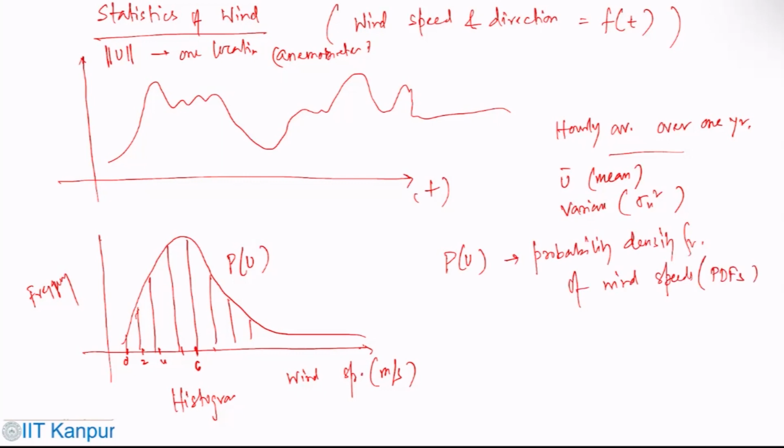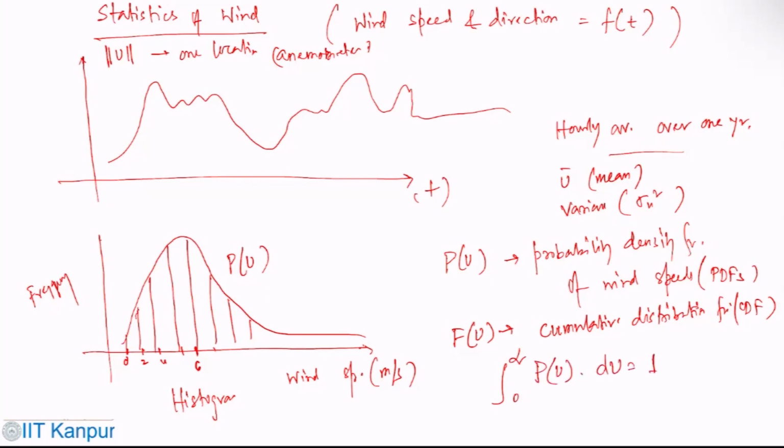And we can compute a Q, which is the cumulative distribution function, which is CDF. So these are some kind of statistical characterizations of the distribution, which comes from, again, statistical mechanics, but this is used in turbulence as well. So the property that it satisfies, integral of P(u) du is 1. Okay.